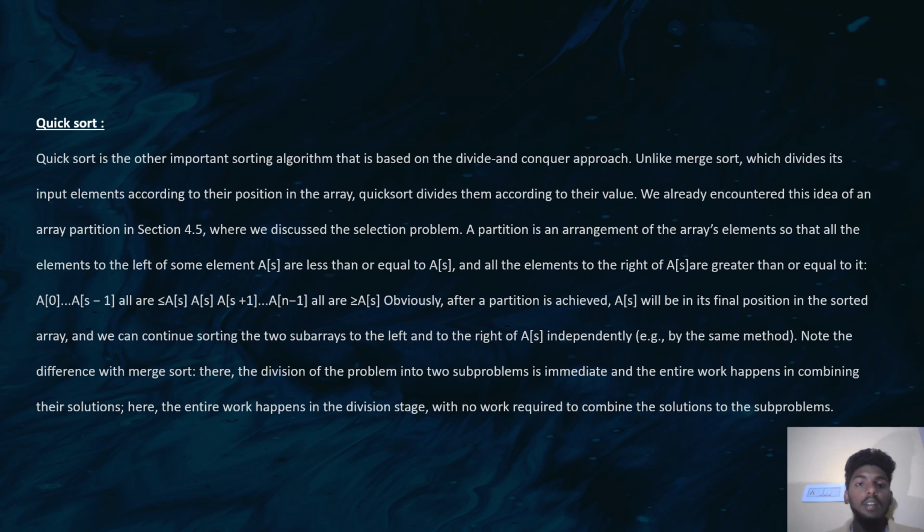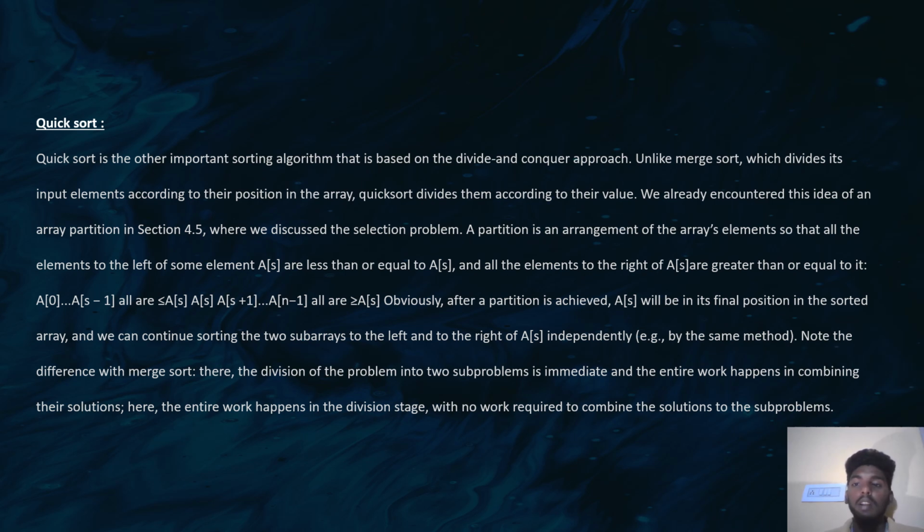Quicksort is another important sorting algorithm that is based on the divide and conquer approach. Unlike merge sort, which divides its input elements according to their position in the array, Quicksort divides them according to their values.